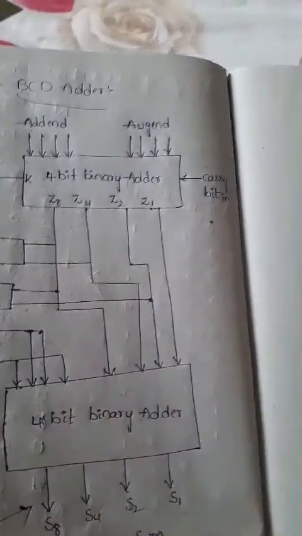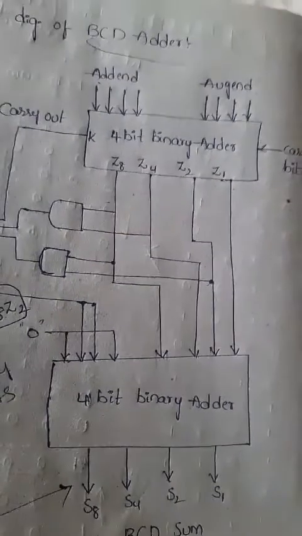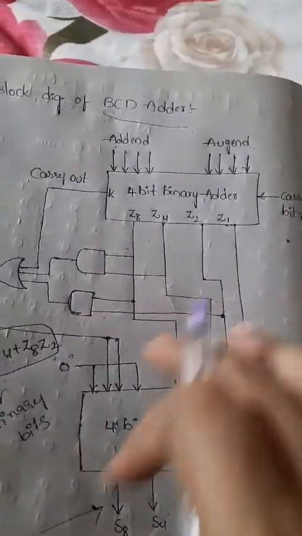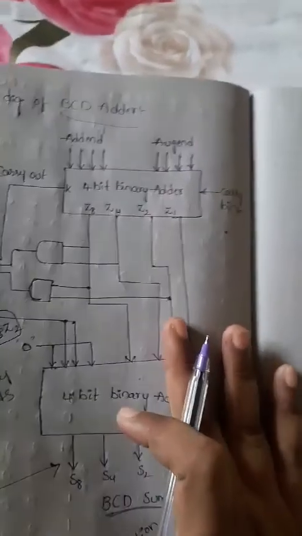So what is the difference in this diagram? Here we are not taking decimal numbers. In the previous procedure we took decimal numbers that we converted into binary and then BCD, but here we are not going to take any decimal numbers.